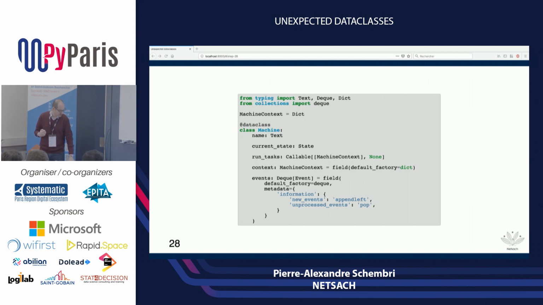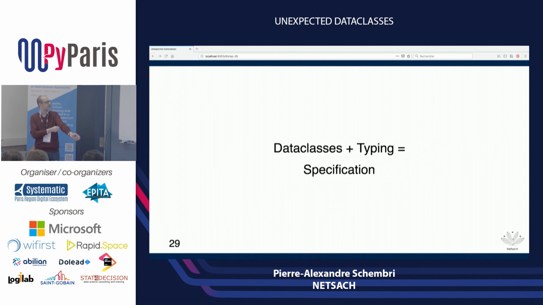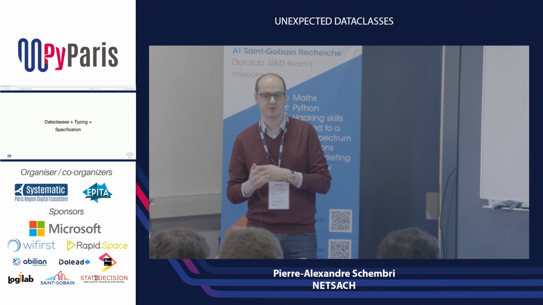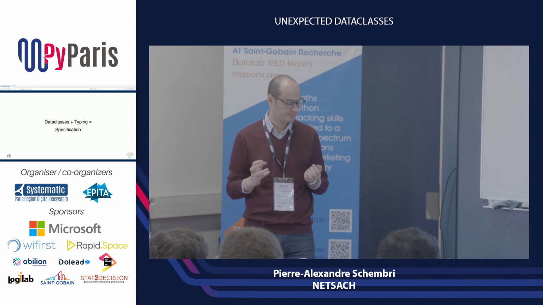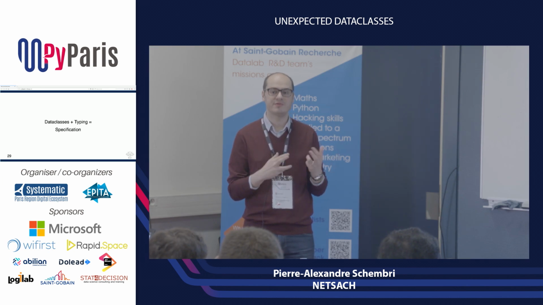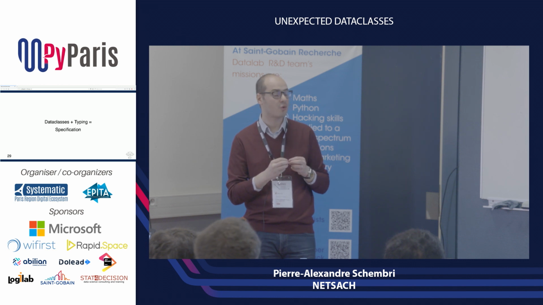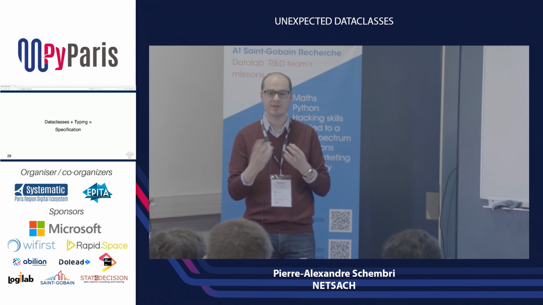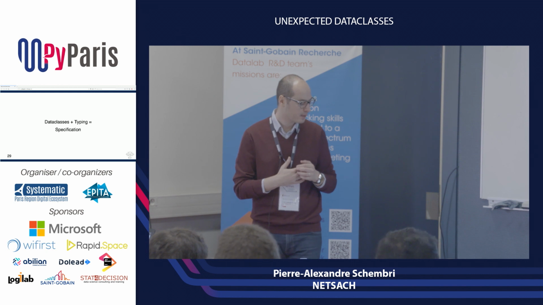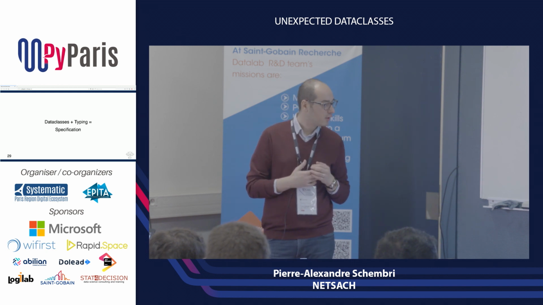So let's take a step back. Data classes plus the typing module is the best way to write specification. And not any kind of specification, because it's not a document, it's code. It's specification as code, because you have a working class, you have working instances, and you can play around.